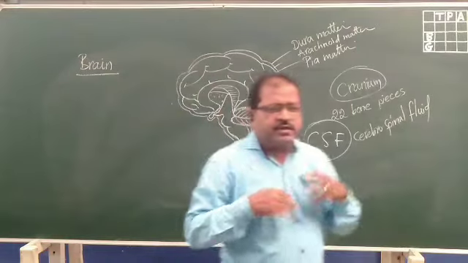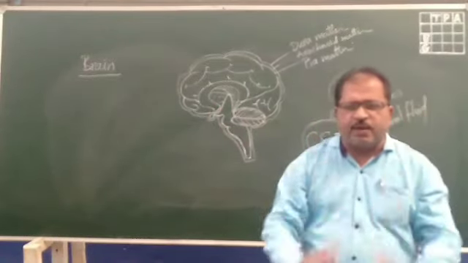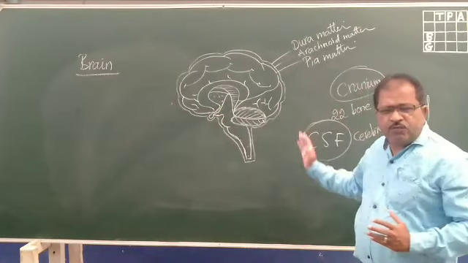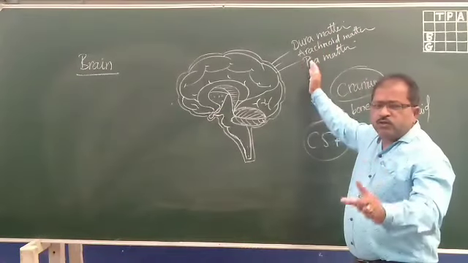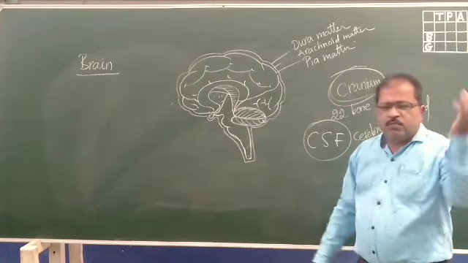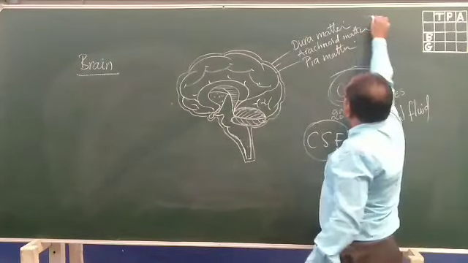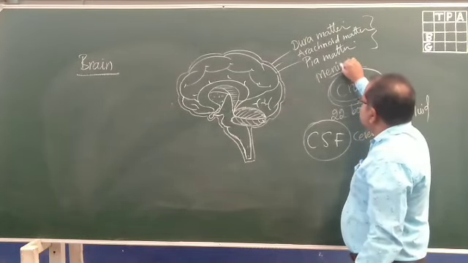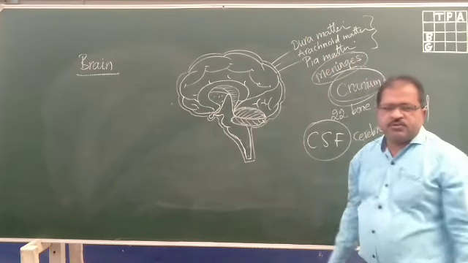Whatever danger comes from the external side to the brain and spinal cord, this cerebrospinal fluid, these three layers, and also the bony box called the cranium, all protect the brain as well as the spinal cord. These three layers together are called meninges.